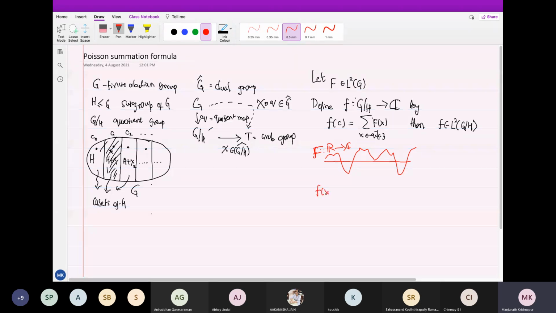So if I define f of x to be the sum, for this to be meaningful, this capital F had better decay fast at infinity so that this infinite sum makes sense. So assume convergence and all.